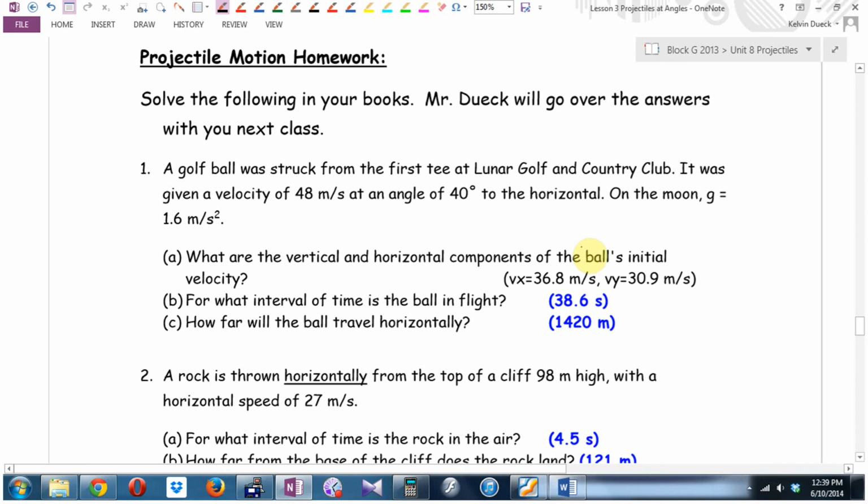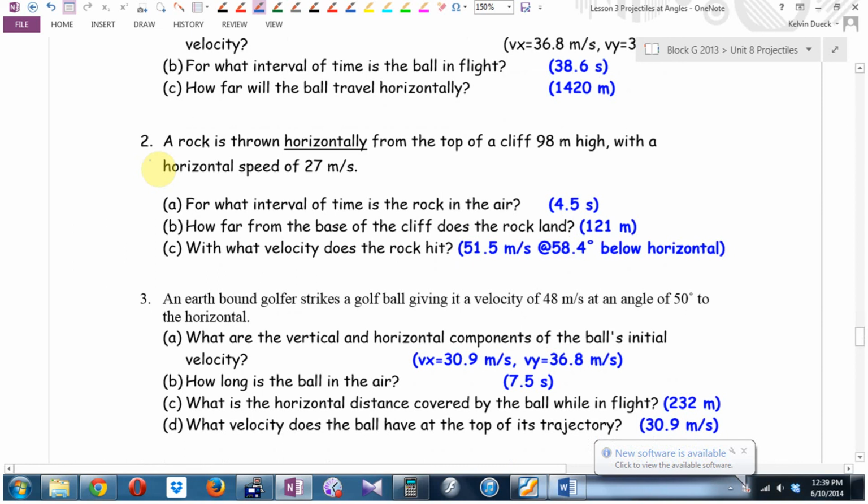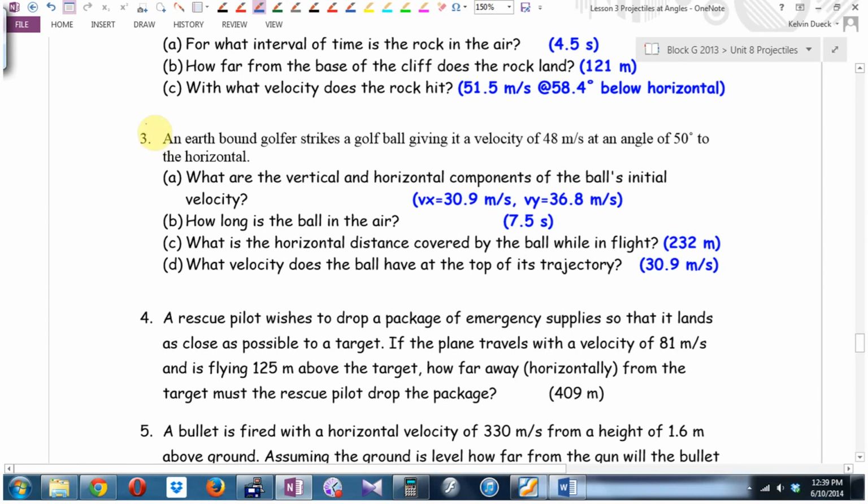Homework, you can try number one. You're on the moon, so don't use negative 9.8. g is 1.6, negative. Add the negative yourself: negative 1.6 meters per second squared. Two is good. Three is good, so here's at an angle, 48 meters per second at an angle of 50 degrees. Did the answers appear on yours, by the way, in brackets or not? Yes.